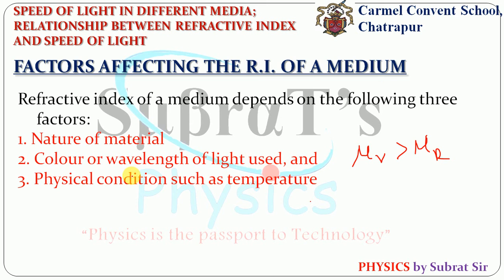If the temperature increases, the speed of light also increases, which leads to the refractive index decreasing. If the temperature decreases, the speed of light will also decrease, then the refractive index will increase. So this is the effect of temperature.